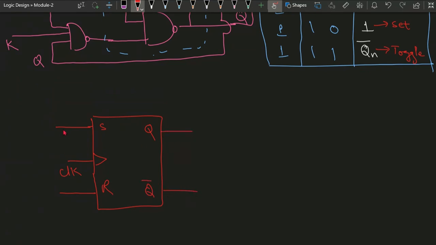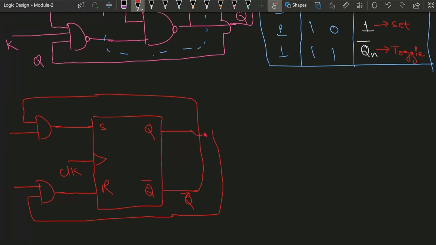If we want to implement the JK, we will use an AND gate here, and one feedback comes here from Q bar, and this is Q, this is J, and this is K. So this is how the implementation of the JK flip flop using the SR flip flop can be done.